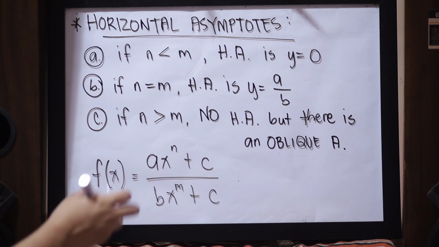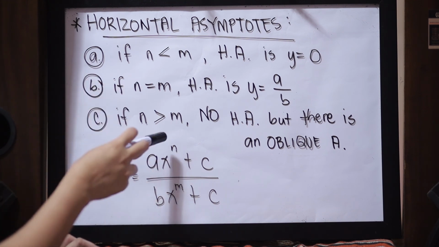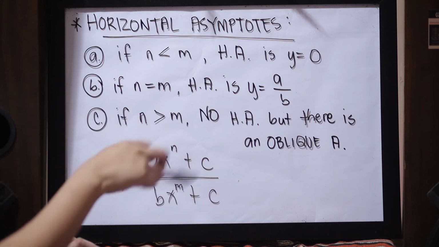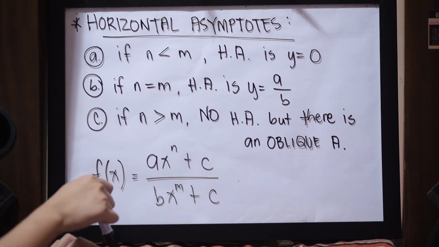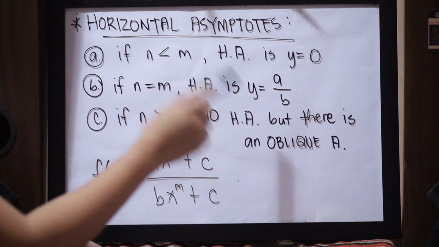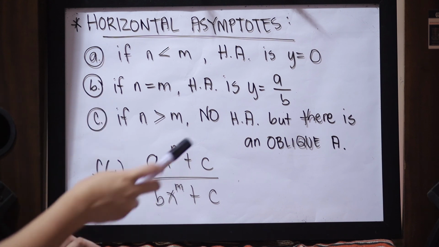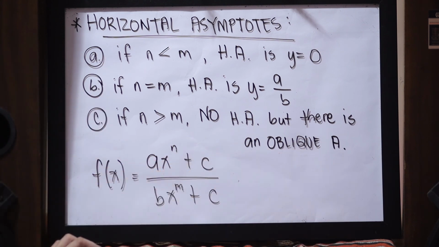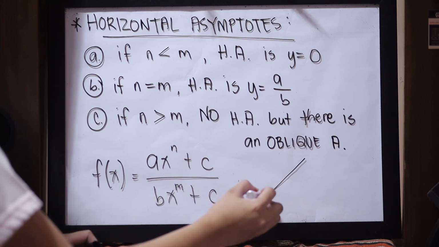Yes po, you may. And then, for letter C naman, if n is greater than m, or the highest exponent in the numerator is greater than the highest exponent in the denominator, then we don't have any horizontal asymptote, but instead, we have an oblique asymptote. When I say oblique asymptote, yun yung slant line na tinatawag.